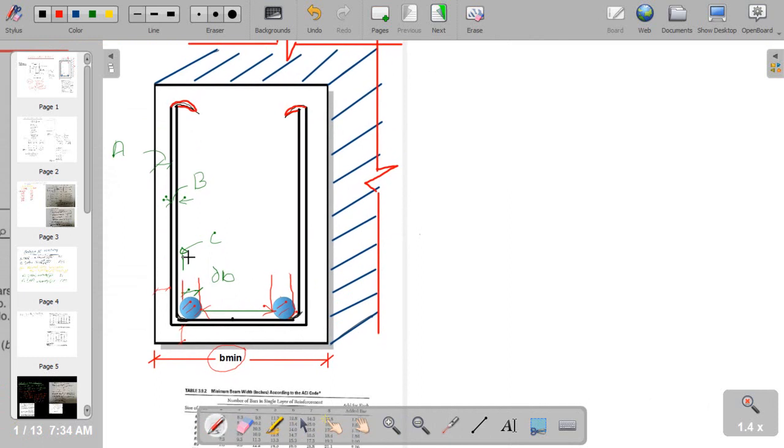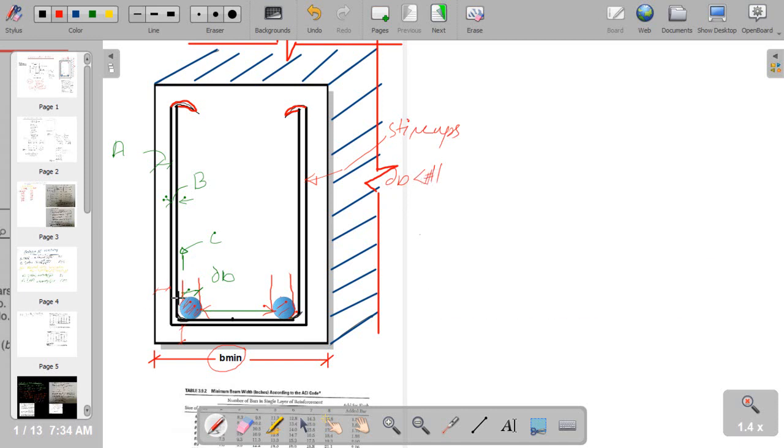So you can see here, this is a beam section, right? And here we can see this is the stirrup. This is my stirrup. Now here we can see whenever we are placing a very small bar, less than number 11, there is a space, right?